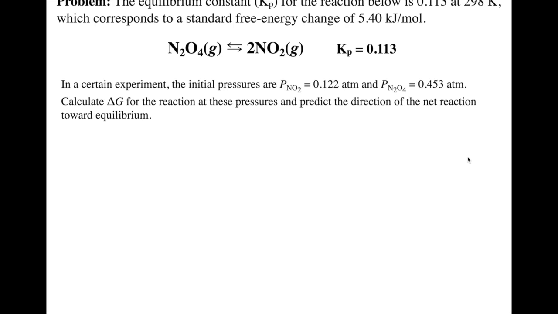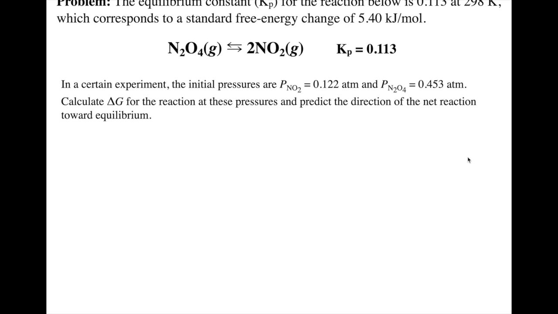Delta G is positive. What does that tell us? In the forward direction, it's non-spontaneous. We do not expect the reaction to go towards products, or if it does, only a small ways, and then it will reach equilibrium.